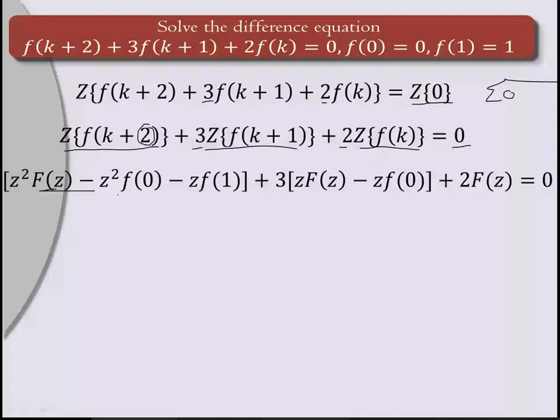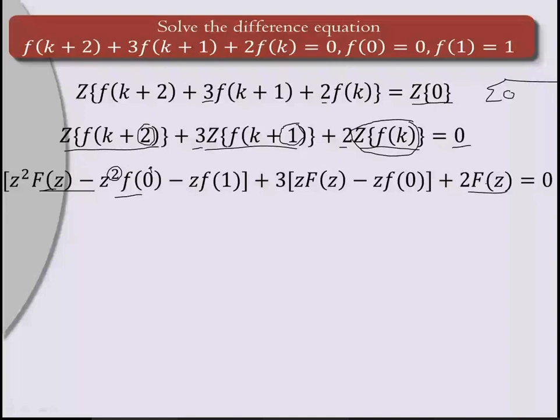We are reducing this power and increasing this term: 0 then 1, z square then z. Plus, here 1 is there, so it is z raised to 1 F of z minus z f of 0, plus the Z transform of f of k, which will be F of z.